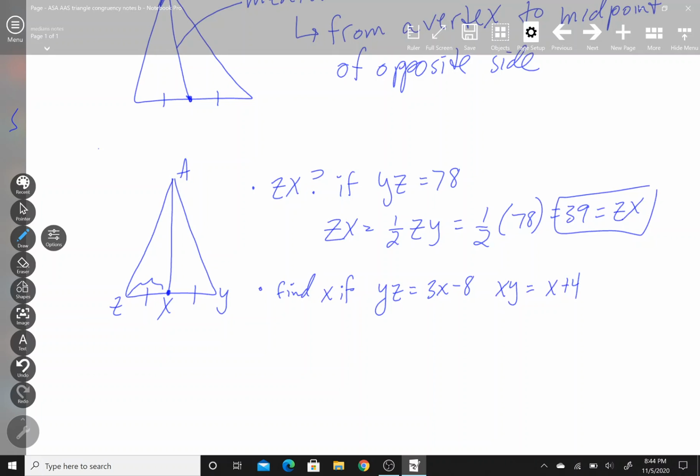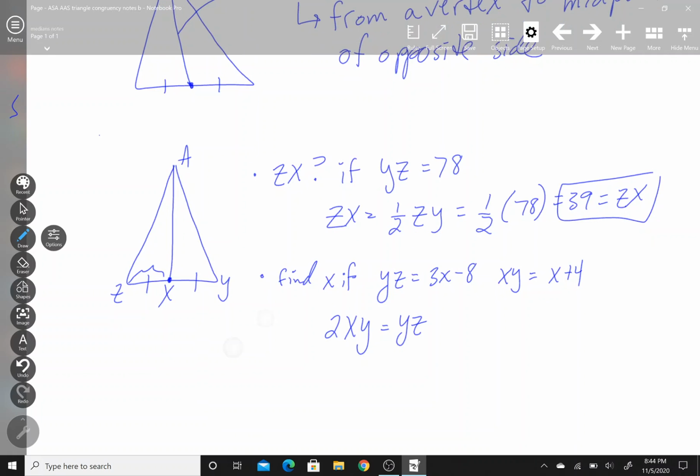So XY is half and YZ is the whole thing. So again, we're kind of looking at it the other way. Remember with mid-segments, you can multiply the mid-segment by 2 and it was equal to the third side. Same thing here. We can multiply this half by 2. So 2 times XY is equal to YZ.